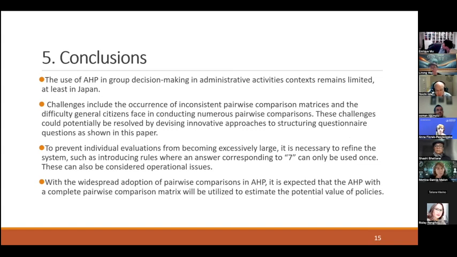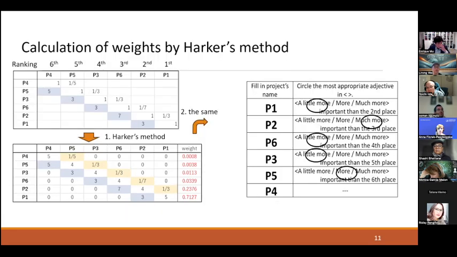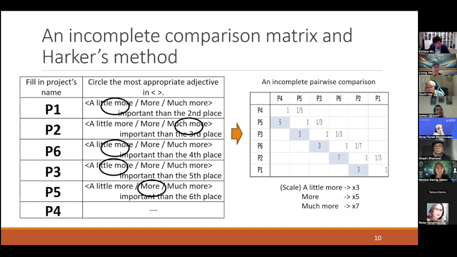Well, there are several observations and questions, but I will limit myself to two. Number one: the method that you have created is very interesting, but it's not really AHP. At this point, a survey is conducted using a Likert scale to indicate which is the most important project.